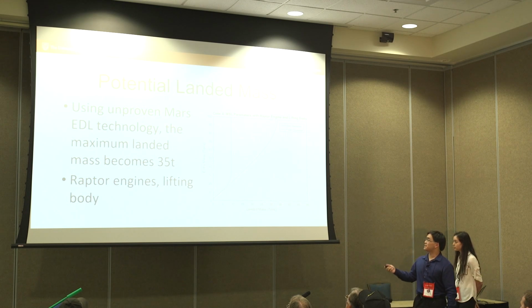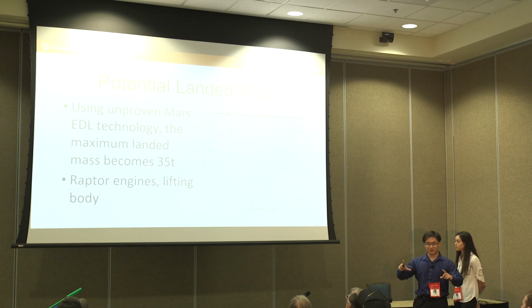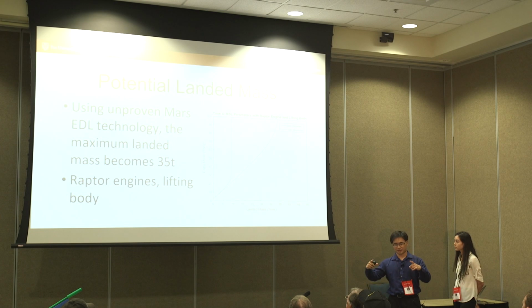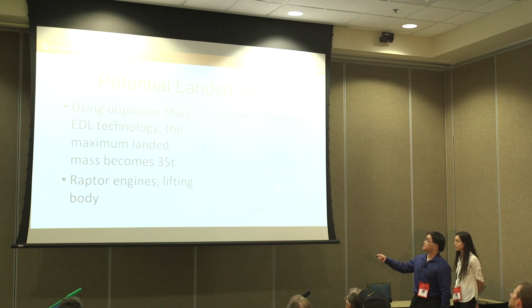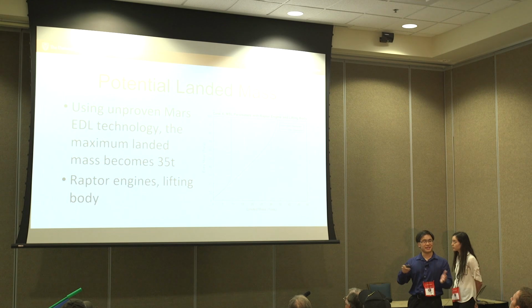We ran the same MATLAB code and just added Raptor engines and changed the shape of our entry vehicle. Instead of our traditional capsule, we tried a lifting body, and we were able to stretch it out to 35 tons of landed mass. It's an improvement. We've gotten inside the range of NASA's requirement. However, it's still a far cry from SpaceX's projection.